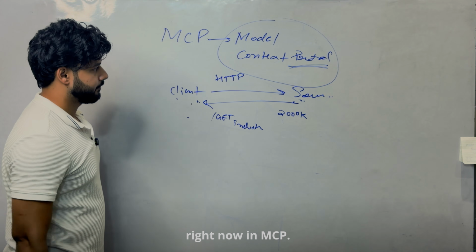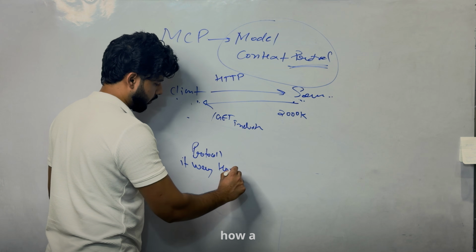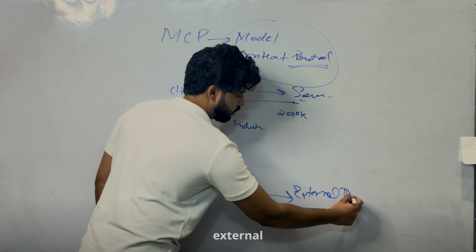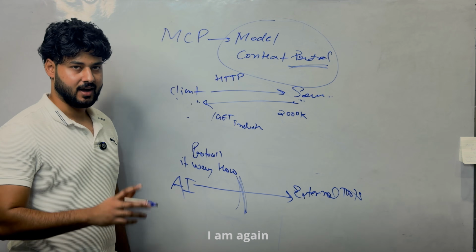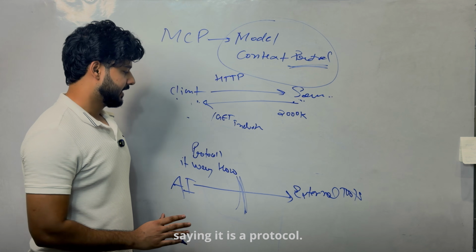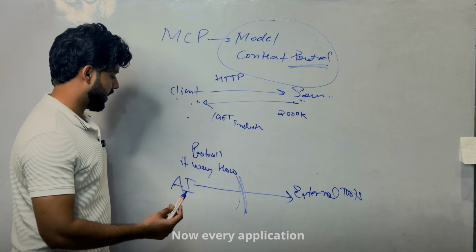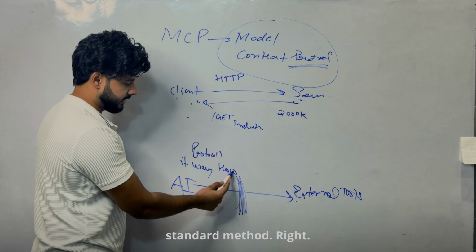Now this MCP is also like this. MCP is also a protocol. It is a way for how AI talks with external tools, right? It is a protocol. I'm again saying it is a protocol. So now you understand it is a protocol. Now every AI application can connect to external tools through a standard method, right?